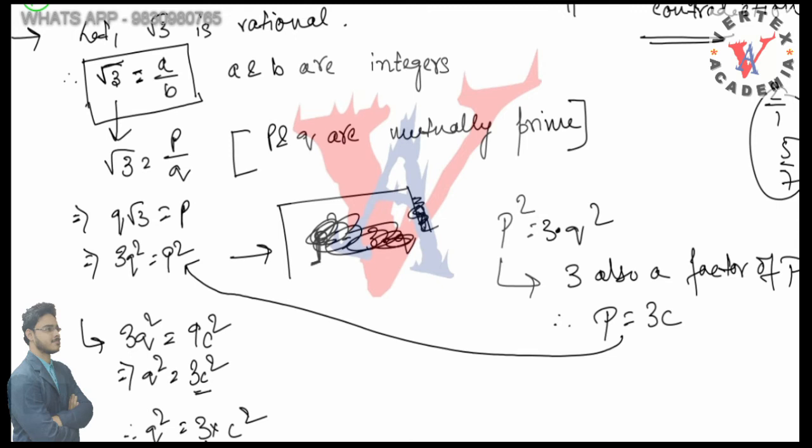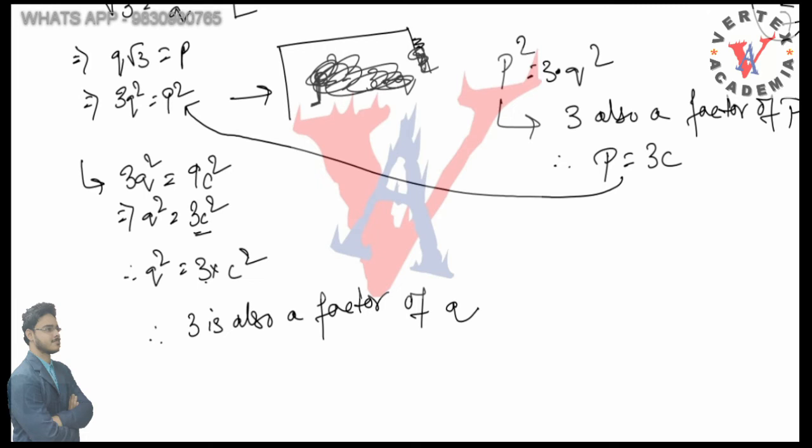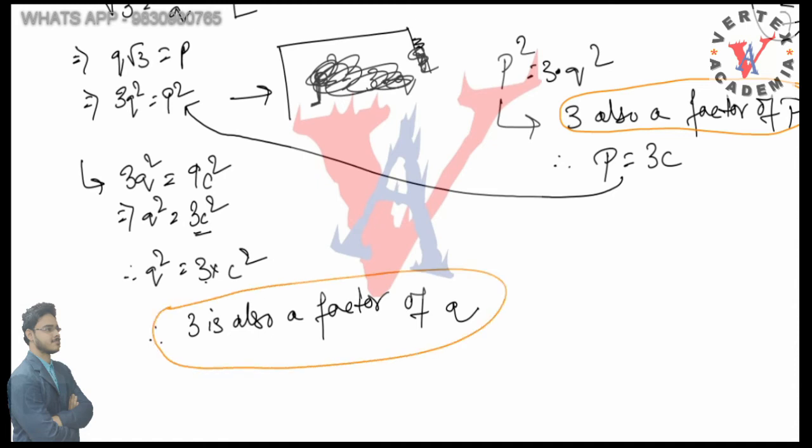This is what is actually a contradiction, proved by contradiction. So here we have come to a conclusion that 3 is a factor of P and 3 is also a factor of Q. Now initially we have assumed that P by Q equals root 3, where P and Q are mutually prime.